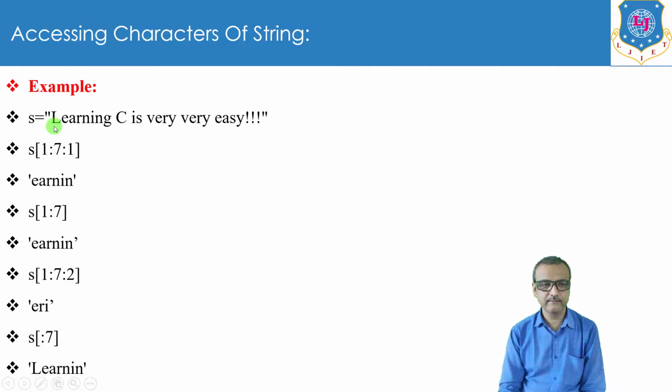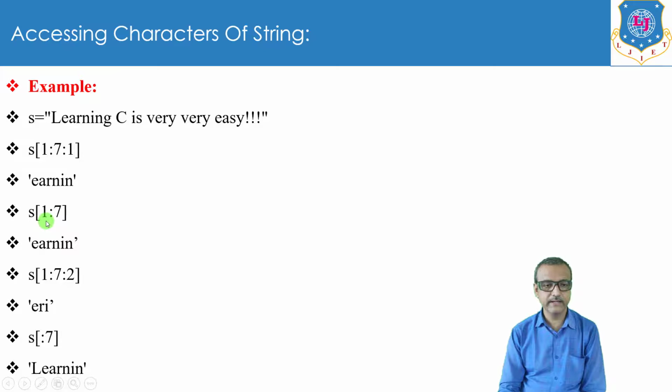Here the index will start from 0, so this is 0, 1, 2, 3, 4, 5 and 6. So we will have the output from E to N, that is EARNIN.